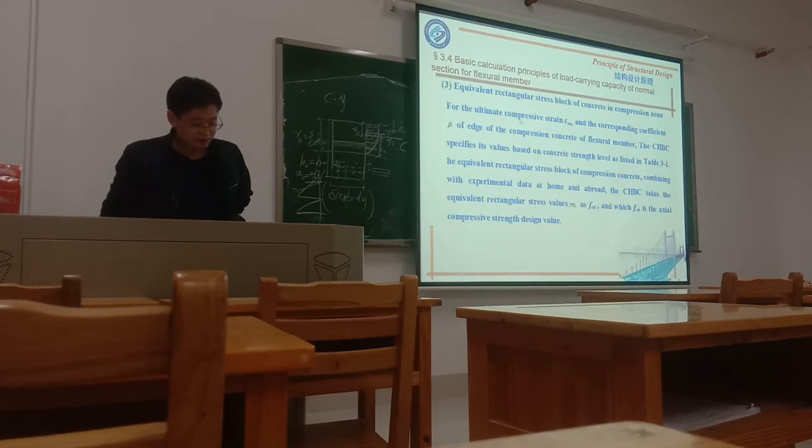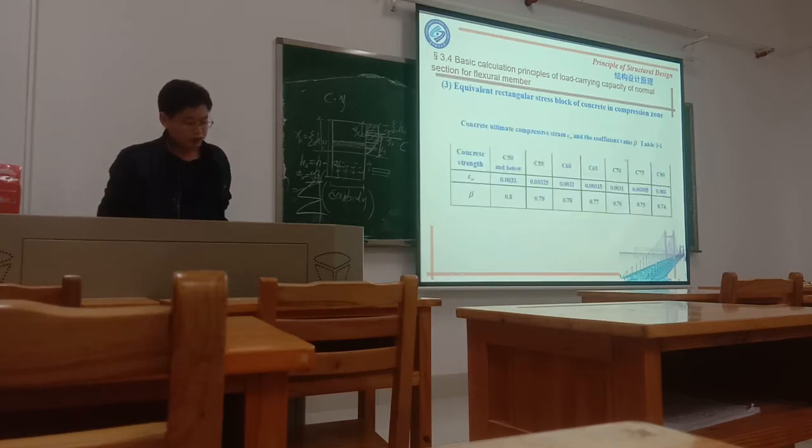So for the ultimate compressive strain epsilon cu, the corresponding coefficient beta of the edge of the compressive concrete of flexural members in this code specifies this value based on the concrete strength listed in the table. The equivalent rectangular stress block for the compressive concrete is combined with experiment data at home and abroad. This code takes the equivalent rectangular stress value gamma sigma 0 as fcd, where fcd is the actual compressive stress.